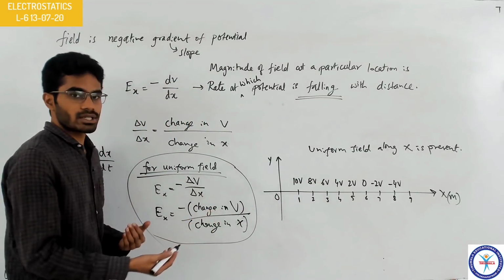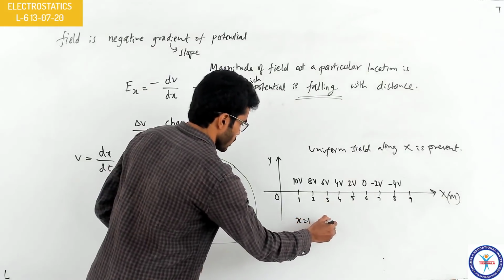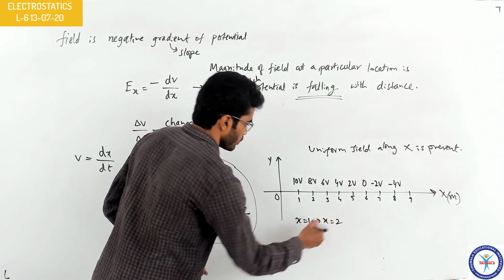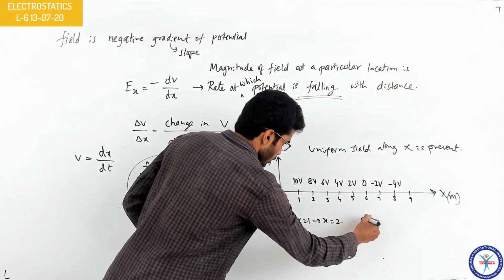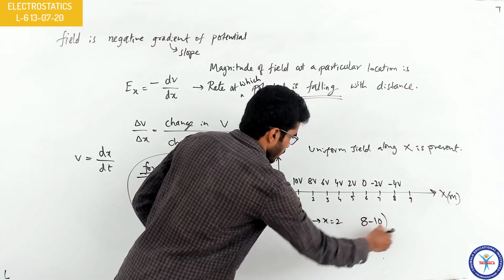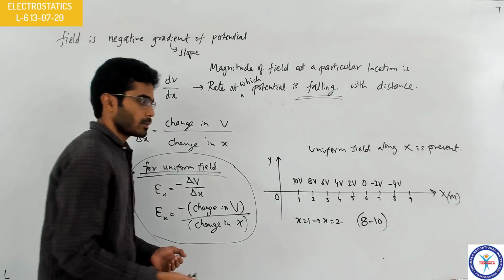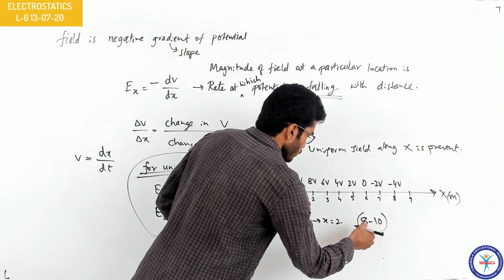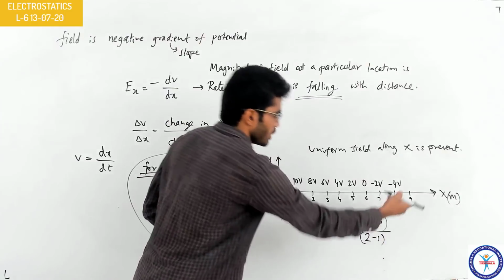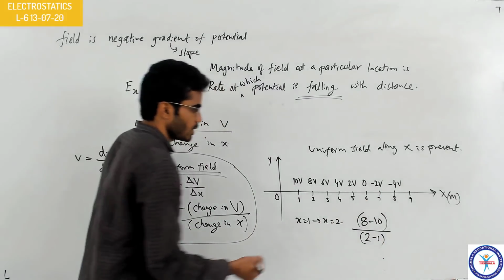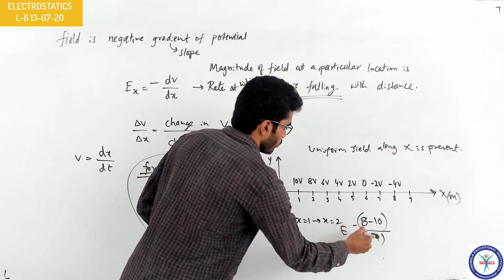What is the change in potential? Let us say we are moving from 1 to 2, right? You move from x equals 1 to x equals 2. What is the change in potential? It is 8 minus 10, final value minus initial value. The change in position is 2 minus 1, in SI units, meters, it is given in meters. But the negative of this is the field.